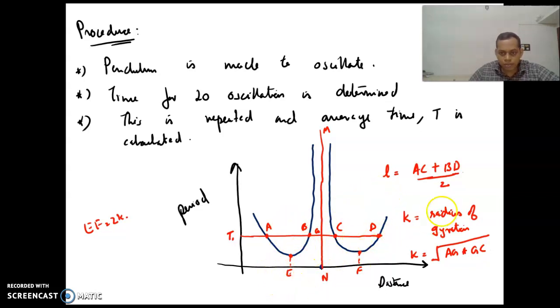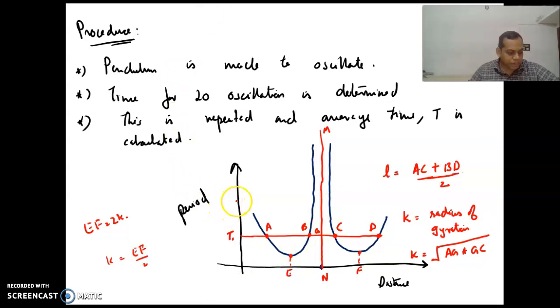So these are the two methods, and also you can get the radius of gyration by taking the minimum points E and F of the two curves, and EF will be 2K, or K will be EF by 2. This is how we will be able to get the radius of gyration.